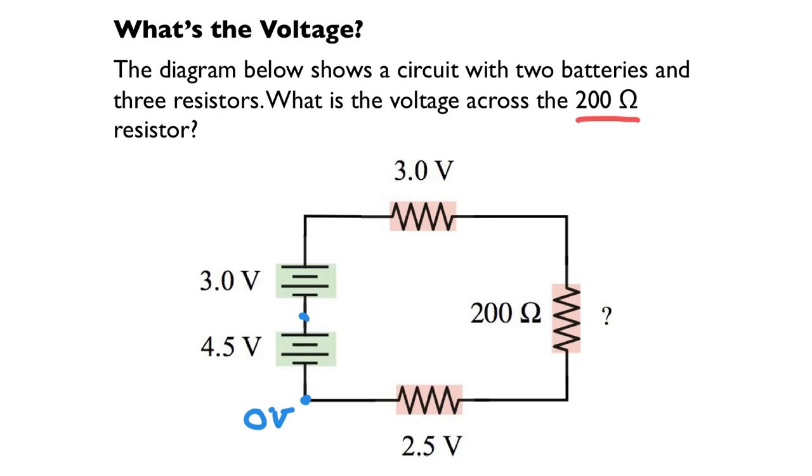And then right here, I've gone through a 4.5 volt battery, and I've gone towards the positive terminal, so I've increased in potential. So this is going to be 4.5 volts right here. And you can just work your way around the circuit and look at the potentials at different points. And if you do that, you can come up with the potential difference across that 200 ohm resistor.